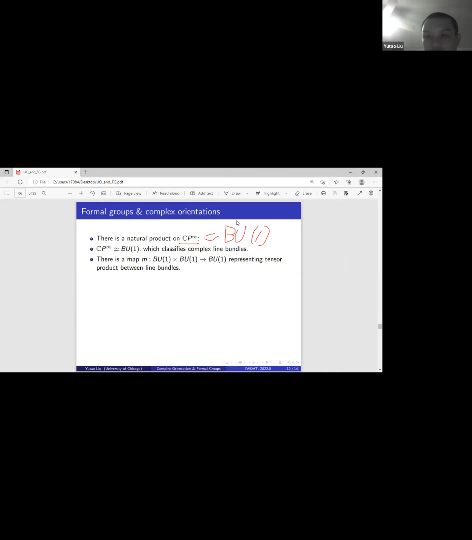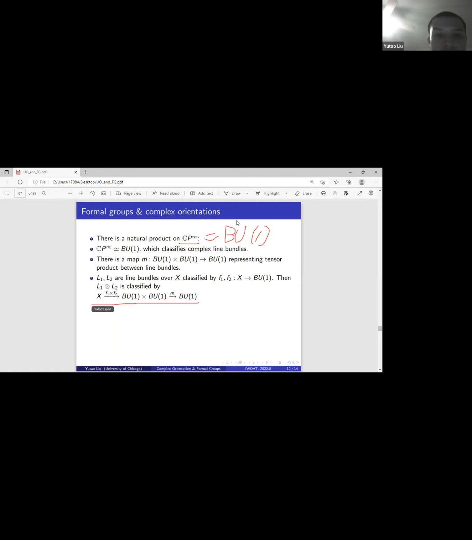Recall that the way to define the product on K theory is to use the tensor product between vector bundles. Here, because BU1 is the classifying space, there will be a map from two copies of BU1 to one copy of it, which represents the tensor product between different complex line bundles. To be more precise, if you have two different line bundles over X, which are classified by two different maps, F1 and F2, then their tensor product will be classified by the composition.